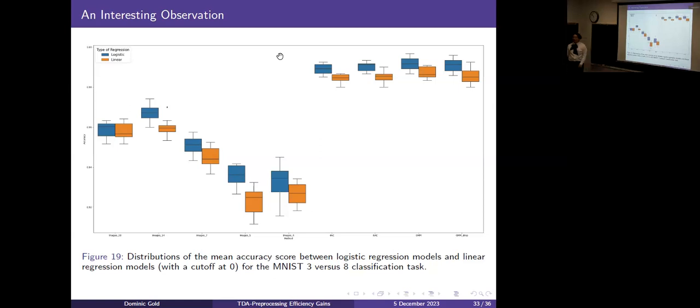In the literature, you have to approximate it using Taylor series or Chebyshev polynomials. So something that I thought of was, let's just do basic linear regression. Let's imagine that you're trying to classify, the classic example is 3 versus 8. Now let's encode this to be -1 and +1. Well, I just trained a linear regression, not logistic, and made 0 the cutoff point.